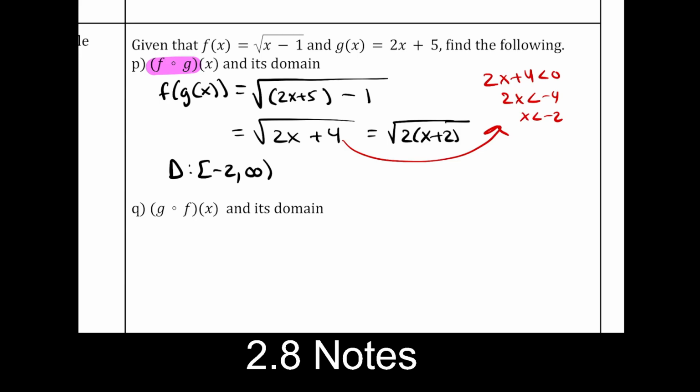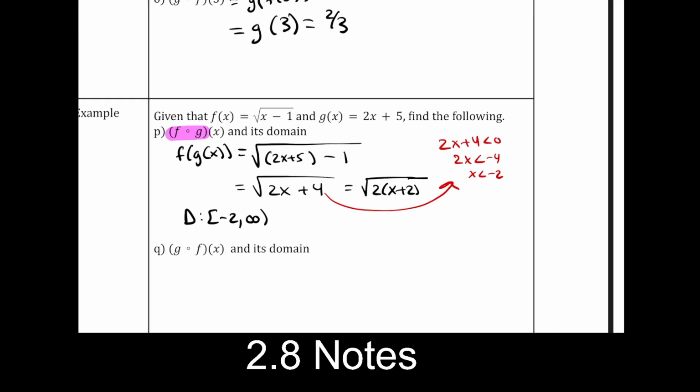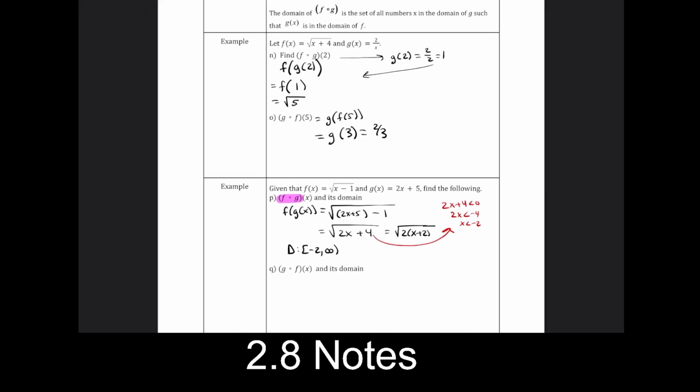Now, if we look back at the previous idea, where it says the domain of the composition is the set of all values x, where the domain of the inside function gives you an output that is actually in the domain of the outside. Now, it's a little bit confusing, but if you look here, we're looking at all the values that give you something that is in the domain of f of x.